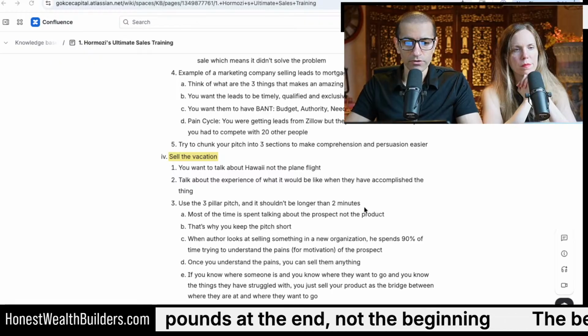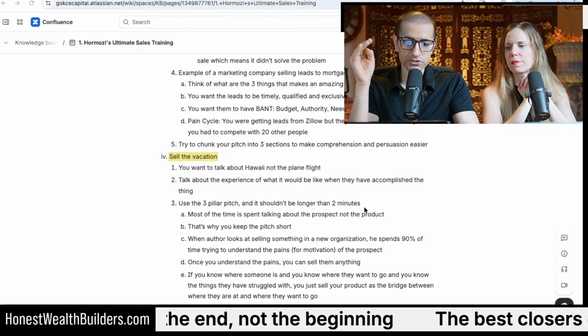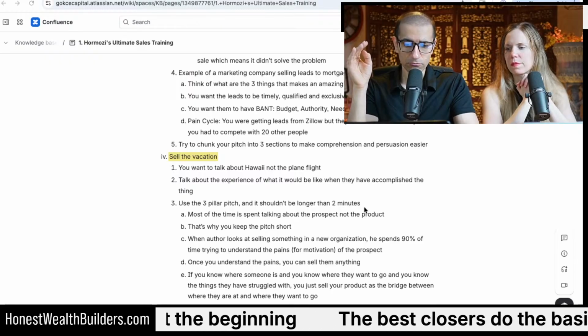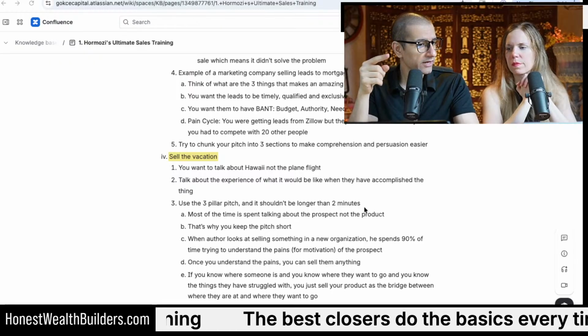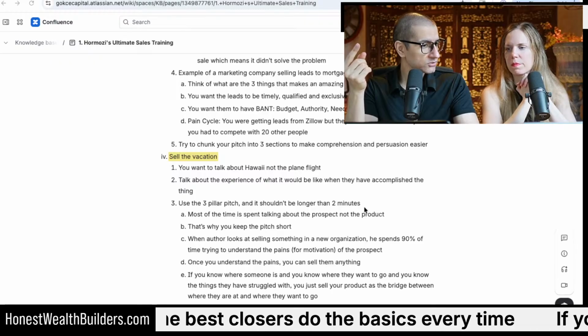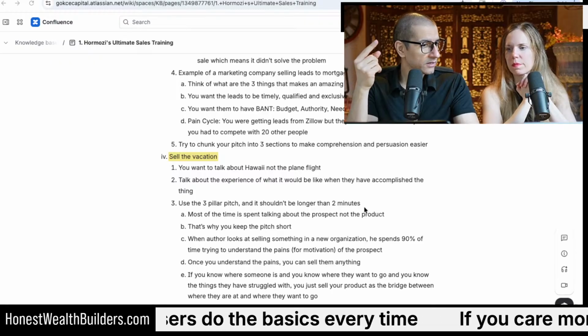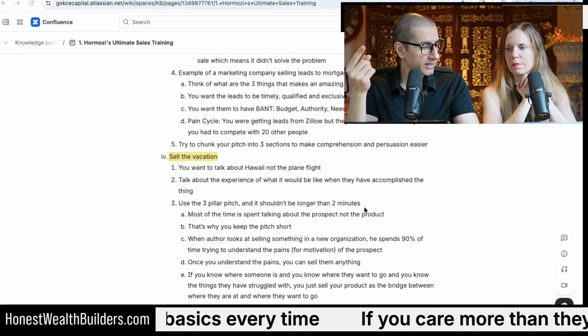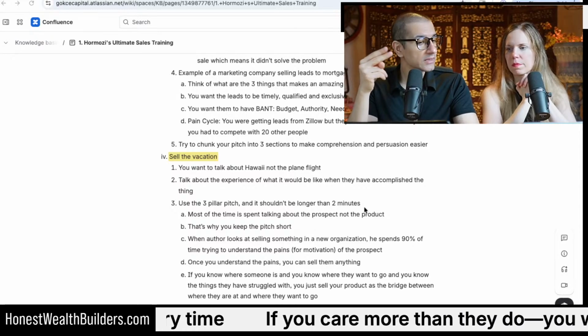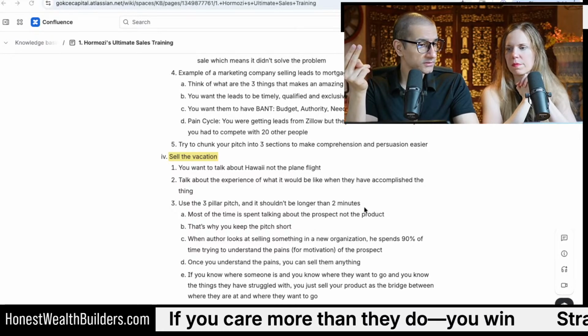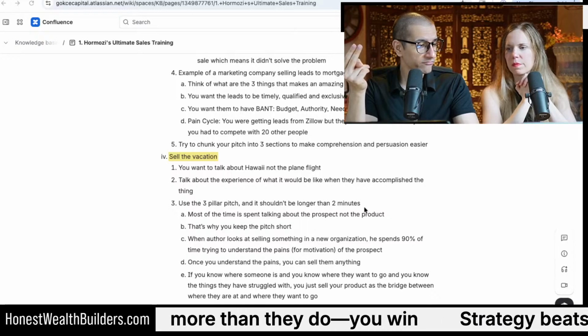So for context, C is clarify why they're there. We ask for their problems and goals. And then L is we label them with the problems they're facing and the goals that they have.